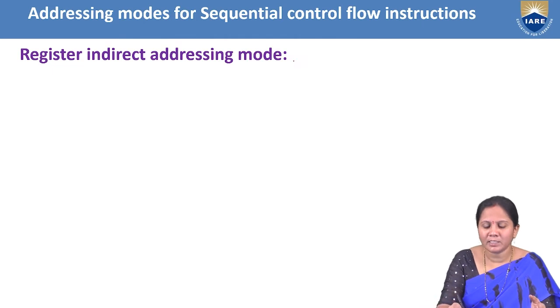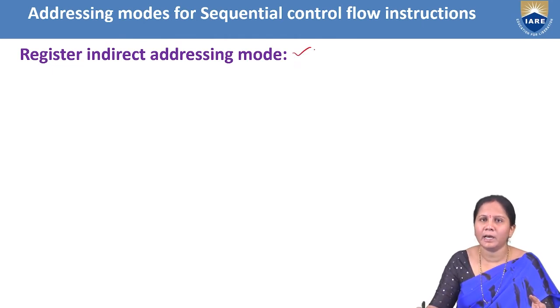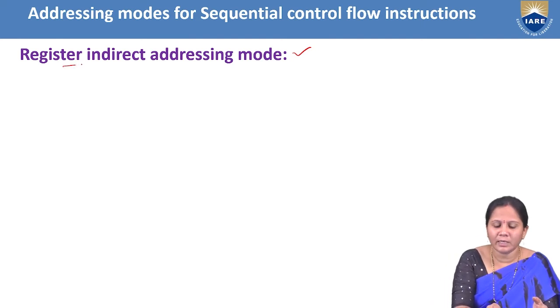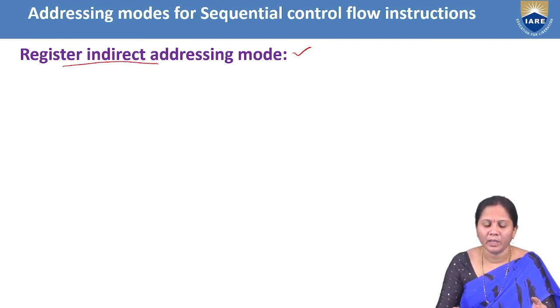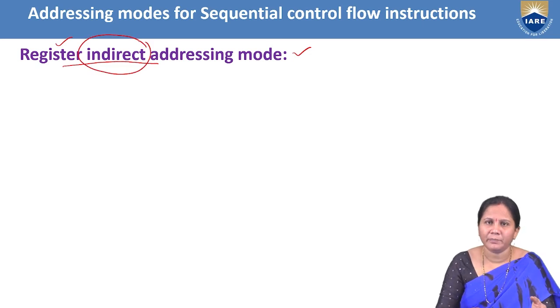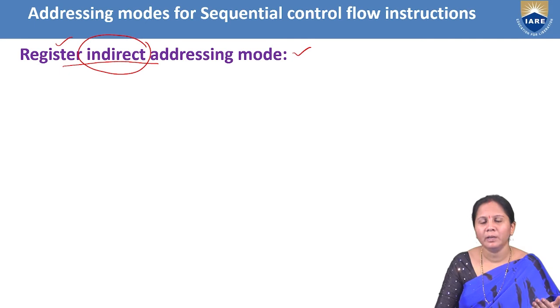And the next addressing mode is register indirect addressing mode. If we see the name here, register indirect addressing mode: the register is specified as a part of an instruction, but it will be specified indirectly. Indirect representation means that the register is keeping some address or memory location.